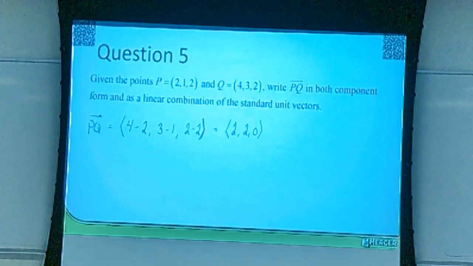That would be component form. In terms of the standard unit vectors, you could write it that way, and you typically do.